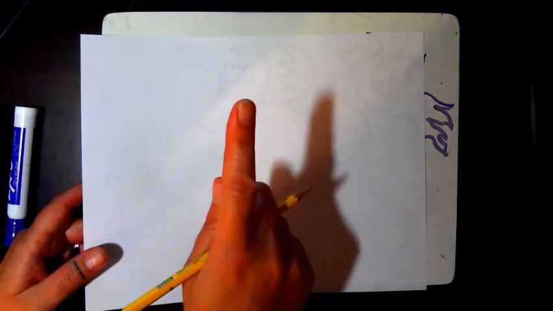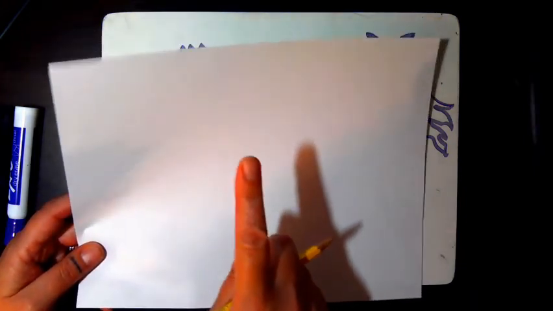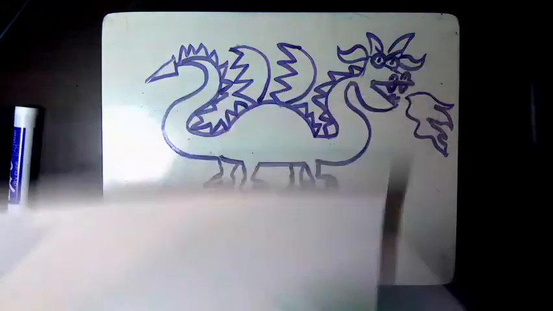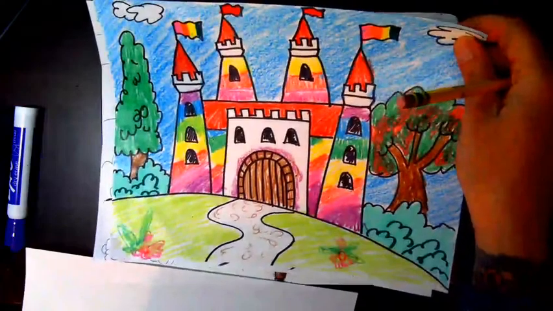All right, and then I'm going to cut around my dragon, and you'll see what I'm going to do with it next. I'll give you a clue. Remember last week? Remember Miss Freels' castle? That's a clue. See you soon.